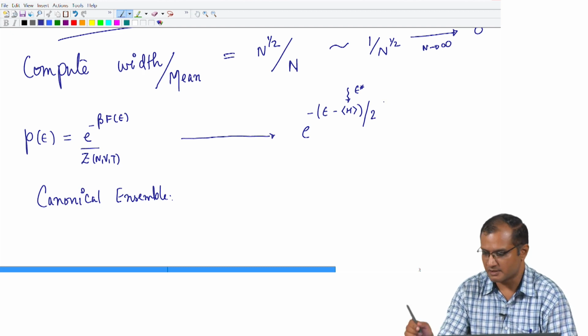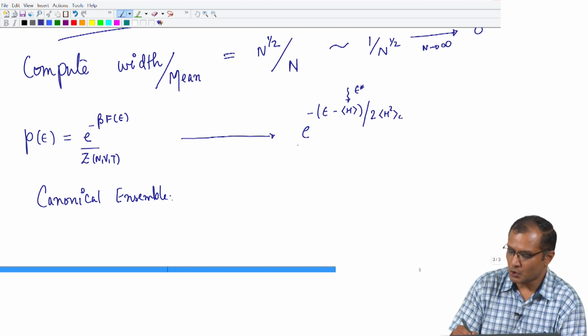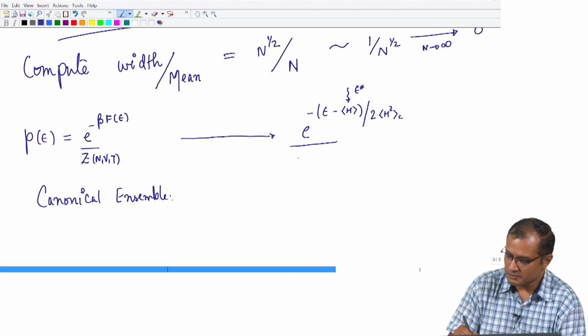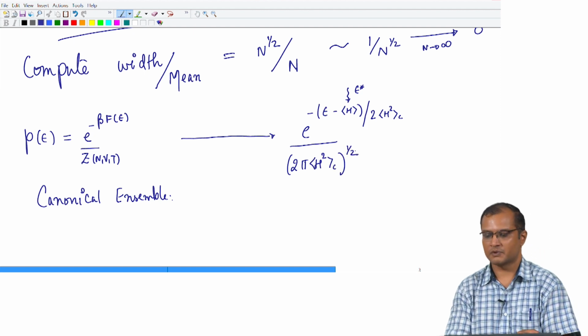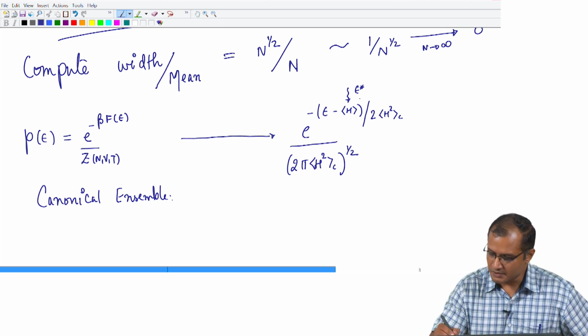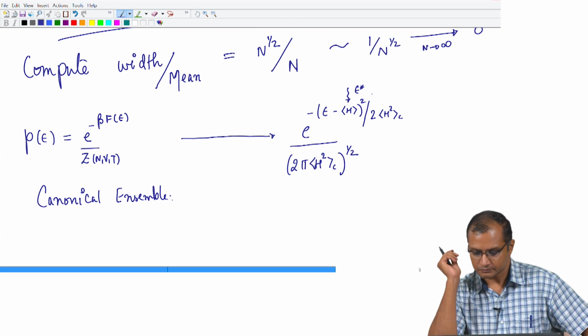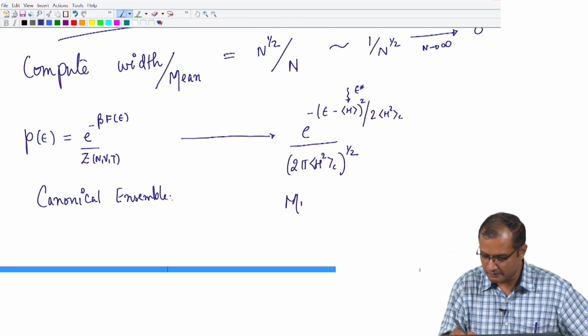Now, sigma square is basically our second cumulant, and I need to normalize this distribution. So, this is the square root of 2 pi sigma square, and this is a Gaussian distribution. Okay, so this is the canonical ensemble.